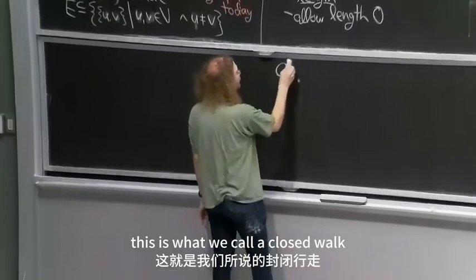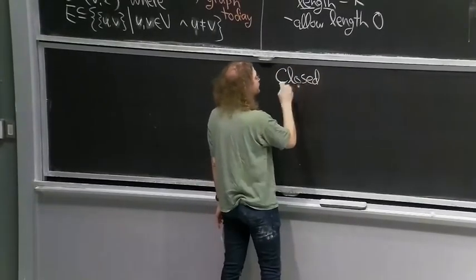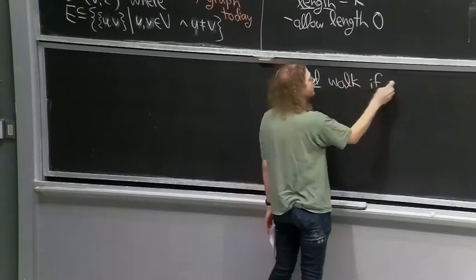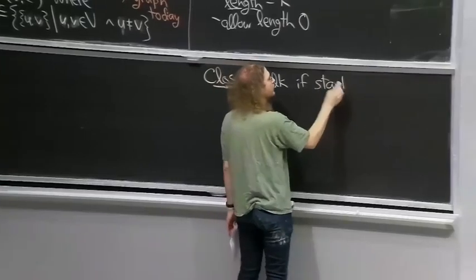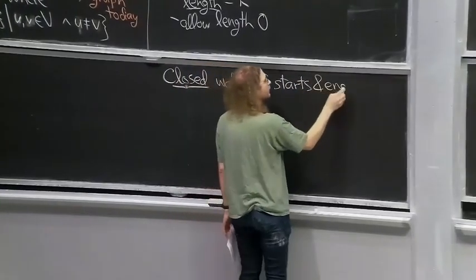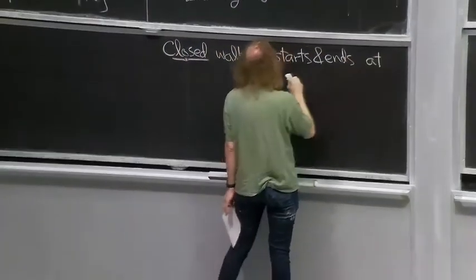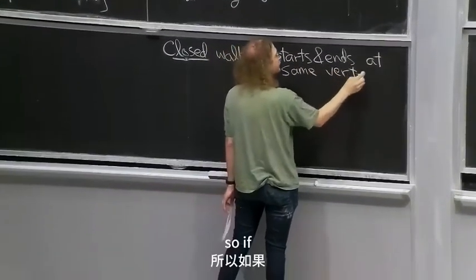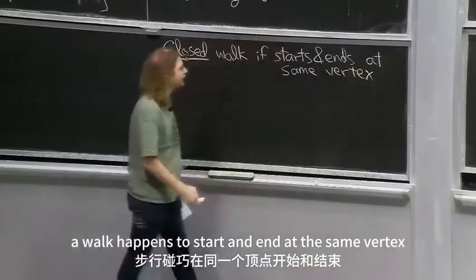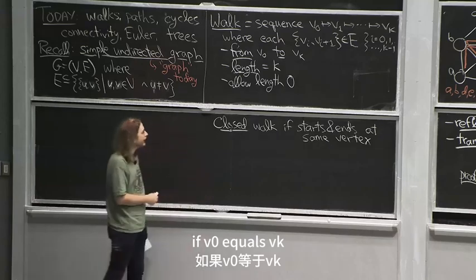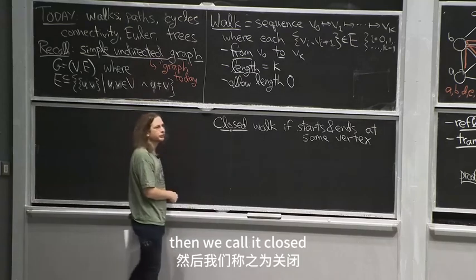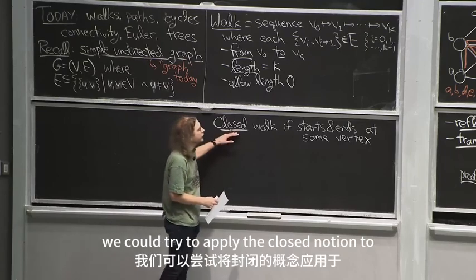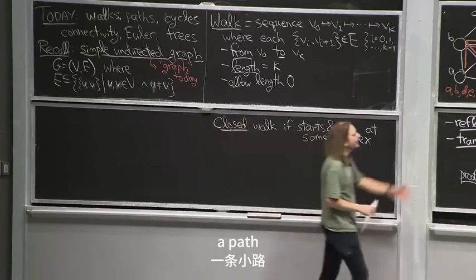This is what we call a closed walk. So if a walk happens to start and end at the same vertex, if v0 equals vk, then we call it closed. And so in particular, we could try to apply the closed notion to a path.